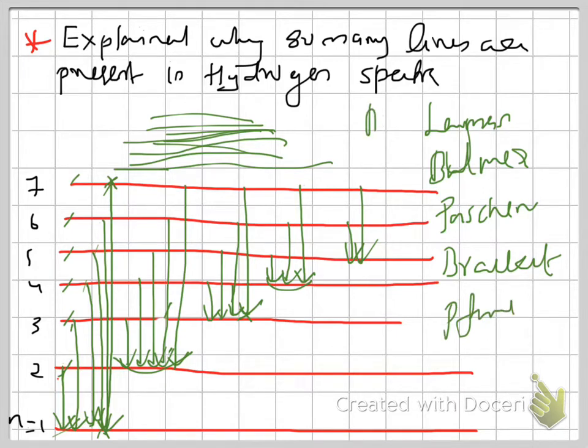If n equal to 1, Lyman; n equal to 2, Balmer; n equal to 3, n equal to 4, n equal to 5. Sometimes you can expect Humphreys line also when n equal to 6. So this kind of large number of lines are possible in hydrogen spectra.